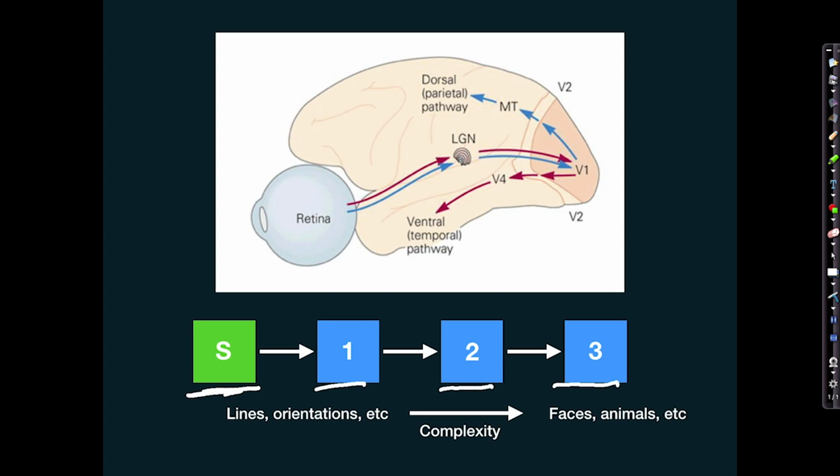So the lower order end, the first level of the hierarchy, is where lines, their orientations, edges, textures, and basic features are picked up, and then this information is passed through increasingly complex levels of the hierarchy until finally we reach the highest end, where things like faces and animals and subway trains are picked out.